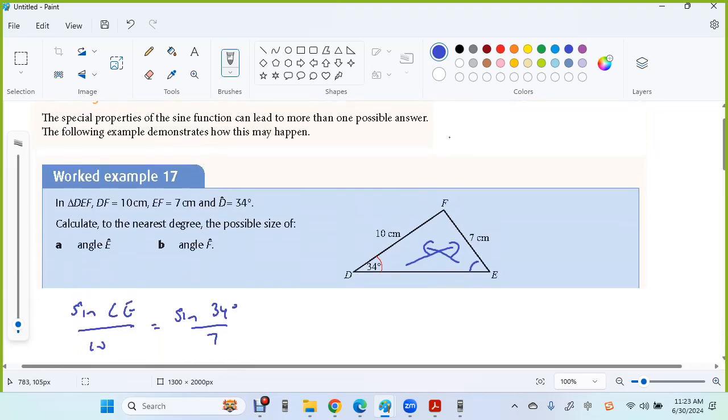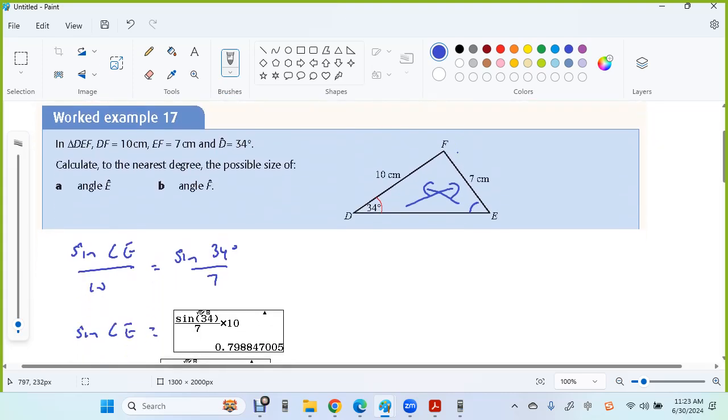Actually for this angle E we have two possibilities, because the length opposite the given angle is smaller than the other given length. So this is an ambiguous case. E can also be in another position, where EF is also 7.